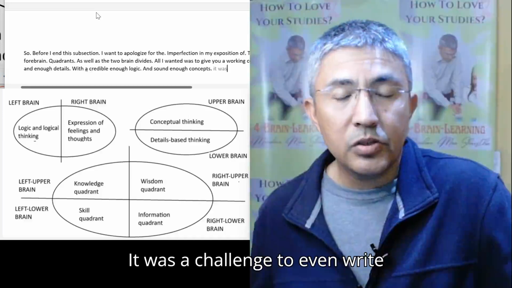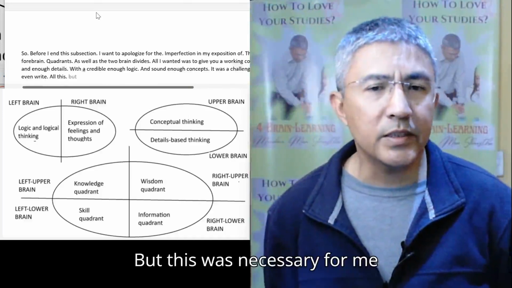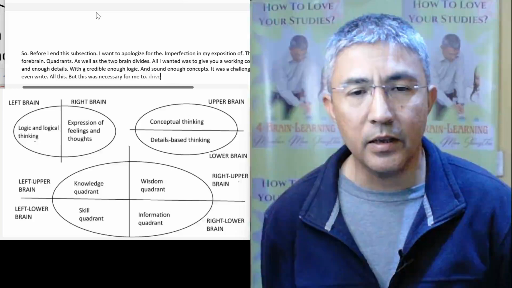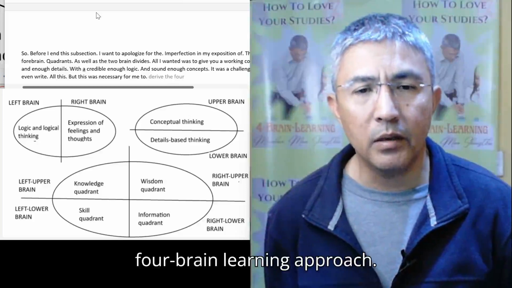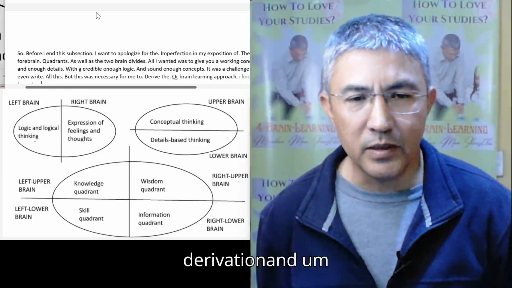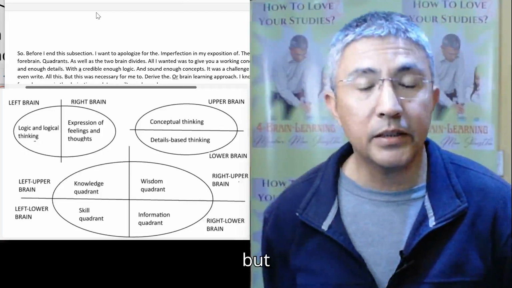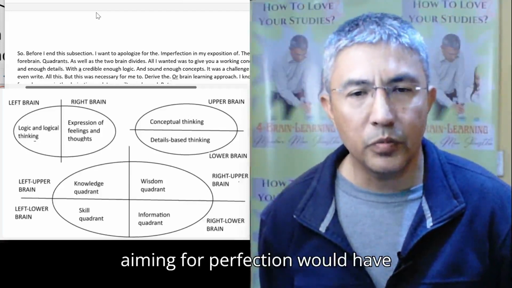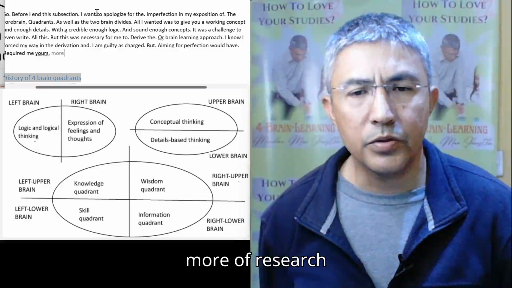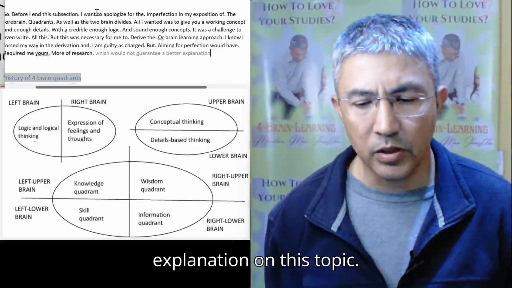It was a challenge to even write all this, but this was necessary for me to derive the four brain learning approach. I know I forced my way in the derivation and I'm guilty as charged, but aiming for perfection would have required me years more of research, which would not guarantee a better explanation on this topic.